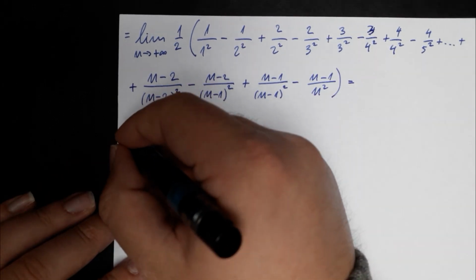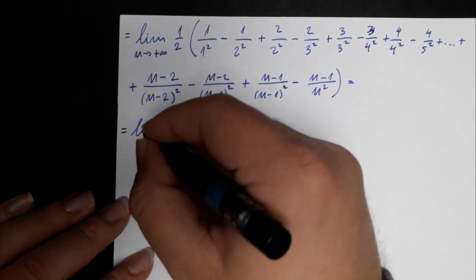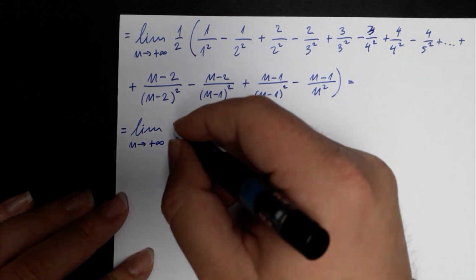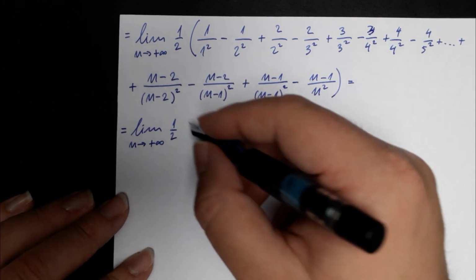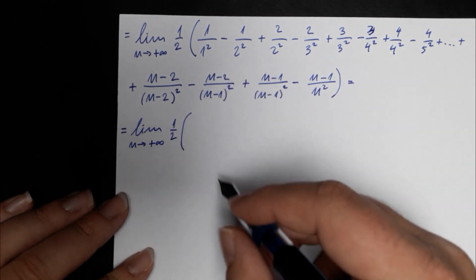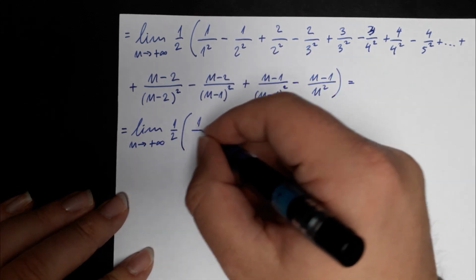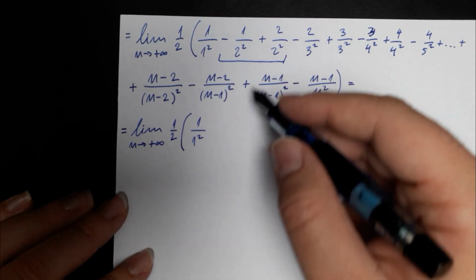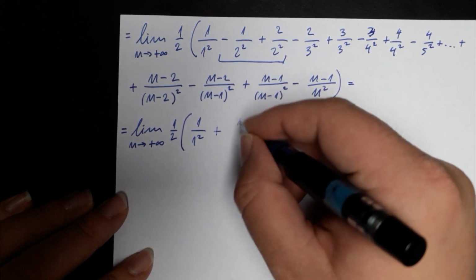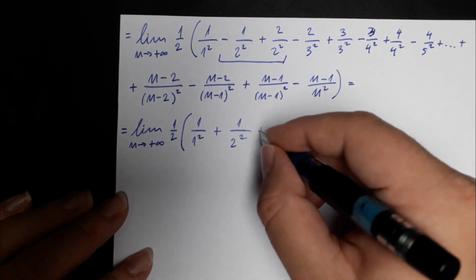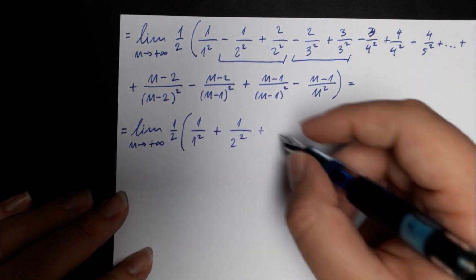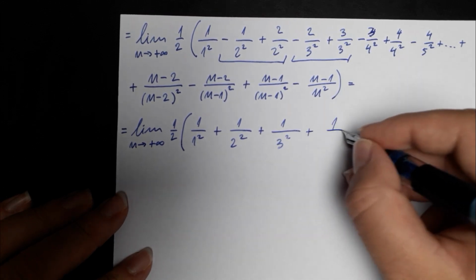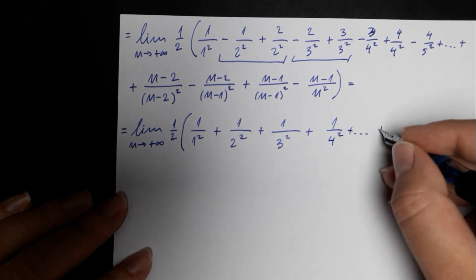Now we can use the telescoping trick and we get that this is equal to a limit when m approaches infinity from the positive side of 1/2, and in brackets we have 1 divided by 1 squared, and this is where we are going to use the telescopic approach. So we get plus 1 divided by 2 squared plus, again using the telescopic approach, 1 divided by 3 squared, and of course 1 divided by 4 squared, and so on.